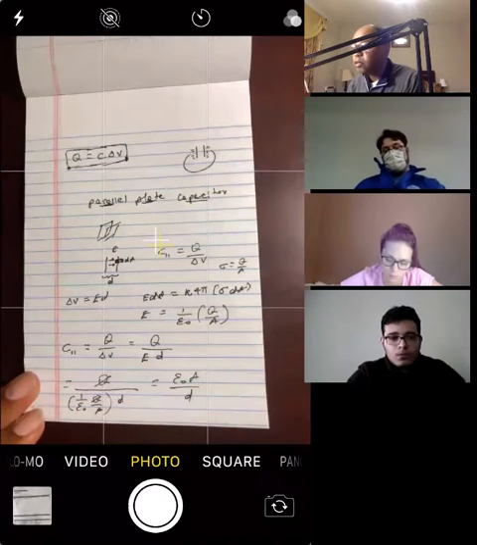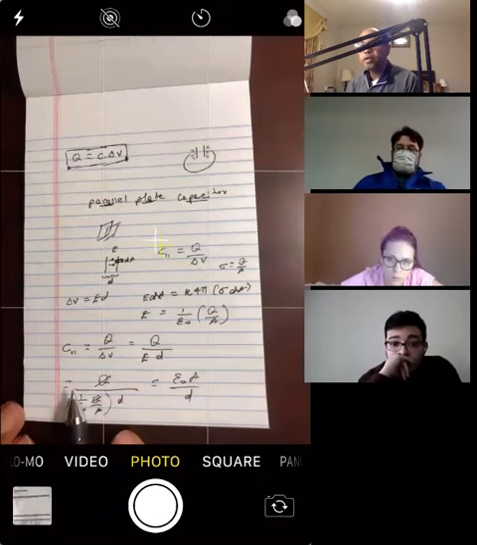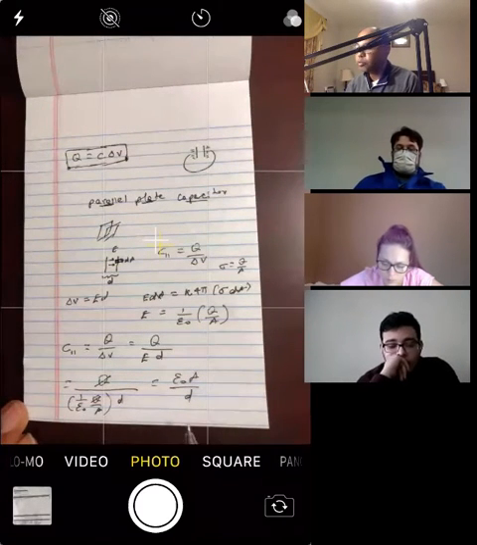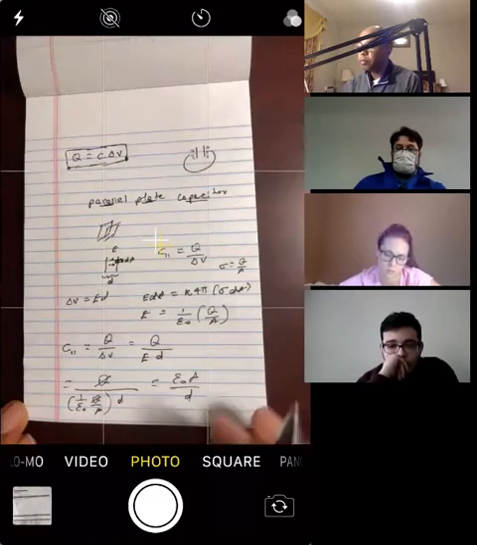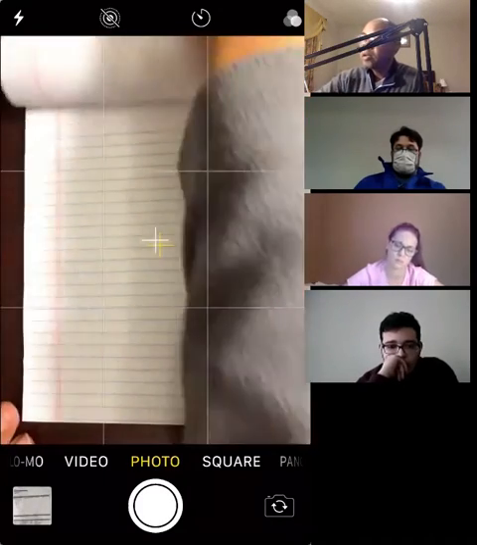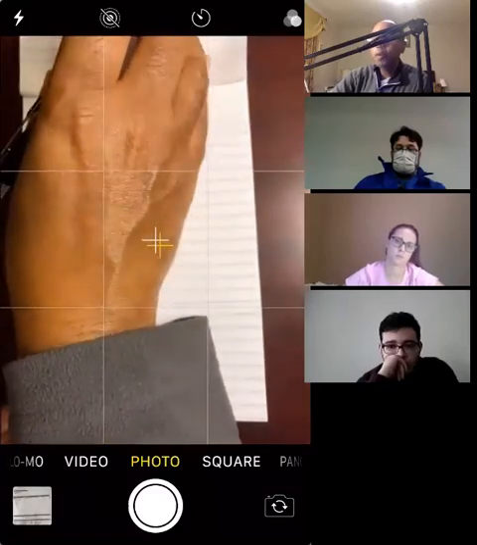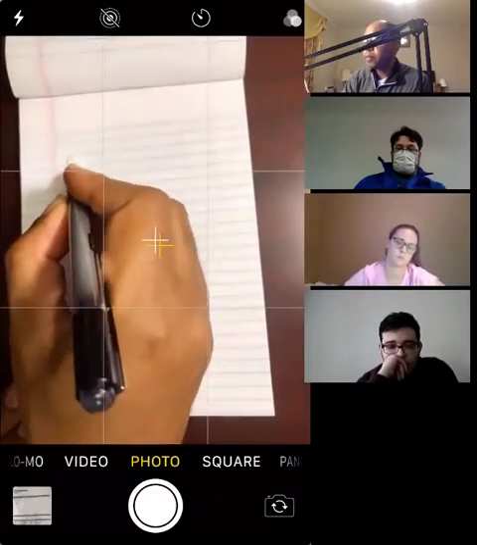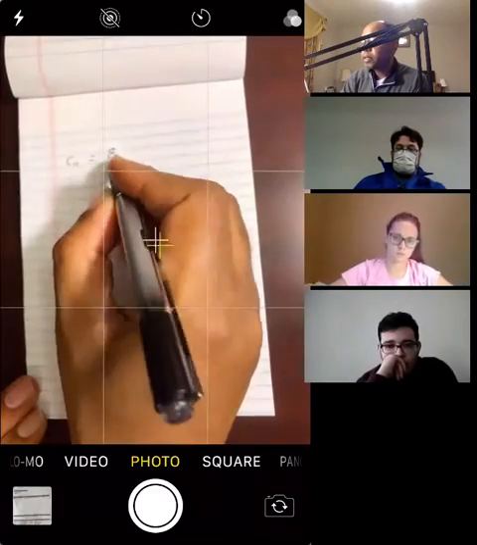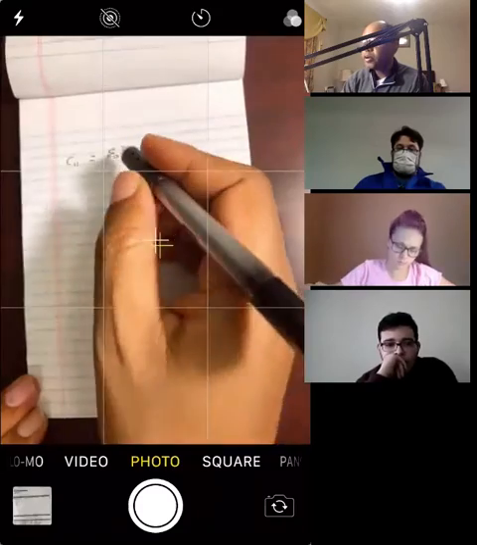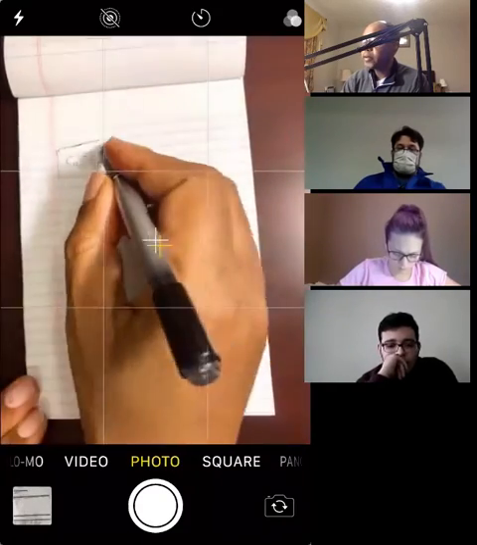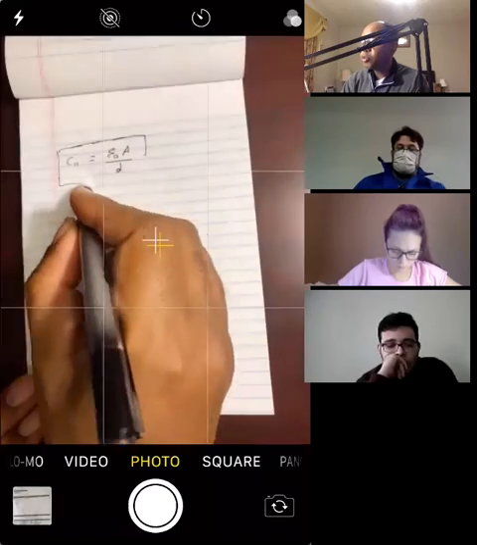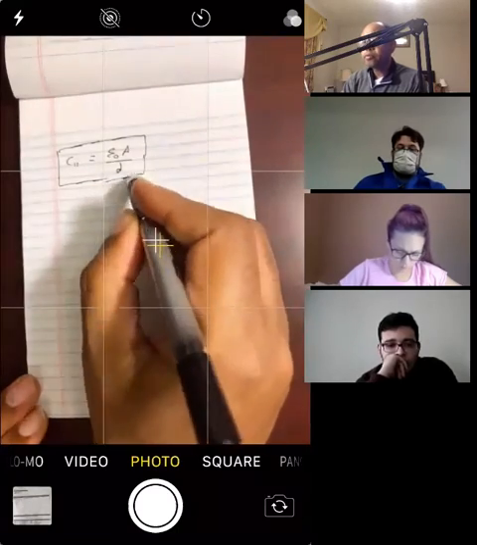So you've got a formula for the capacitance of the capacitor in terms of its geometry, in terms of the area of the plates and the separation between the plates, okay? So we have a formula for the capacitance of a parallel plate capacitor. You get C parallel equals epsilon A over D, where A is the area of the plates and D is the separation between the plates, okay? So you see, it just depends on the geometry of the capacitor, all right?